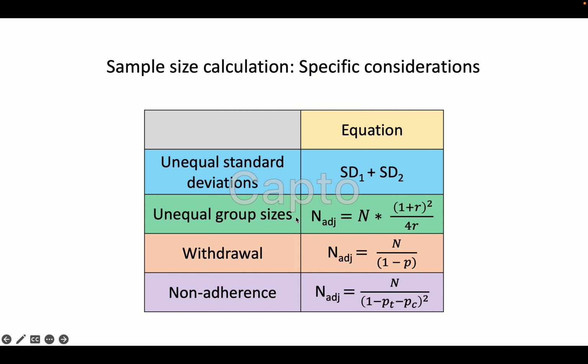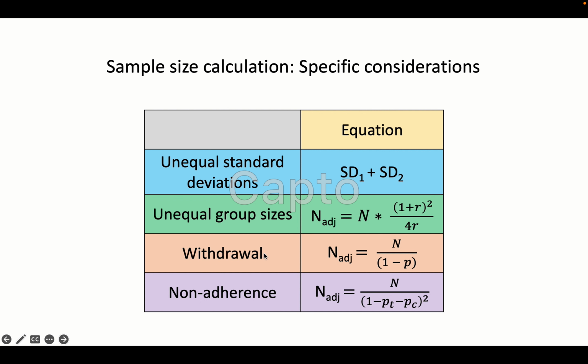So usually in clinical trials you will have a 1:1 ratio, but sometimes you will have a 1:2 ratio or 1:3 ratio. So in the case of a 1:2 ratio, the r value is going to be 2. So 1 plus 2 is equal to 3. 3 squared is equal to 9. And this 9 is going to be divided by 8, which is 4 times 2 in this particular case, right?